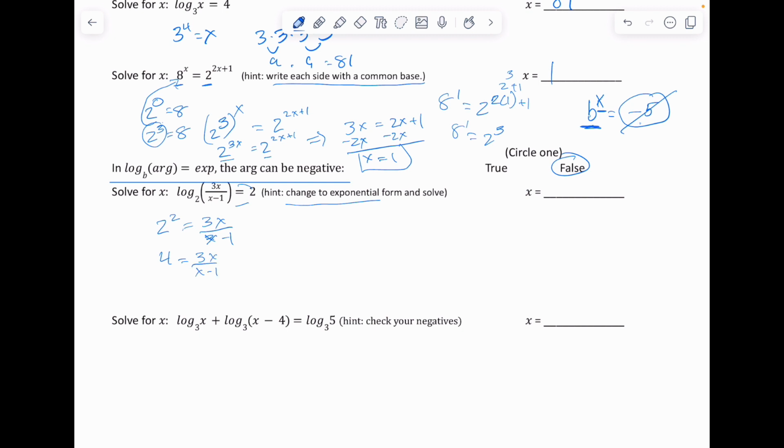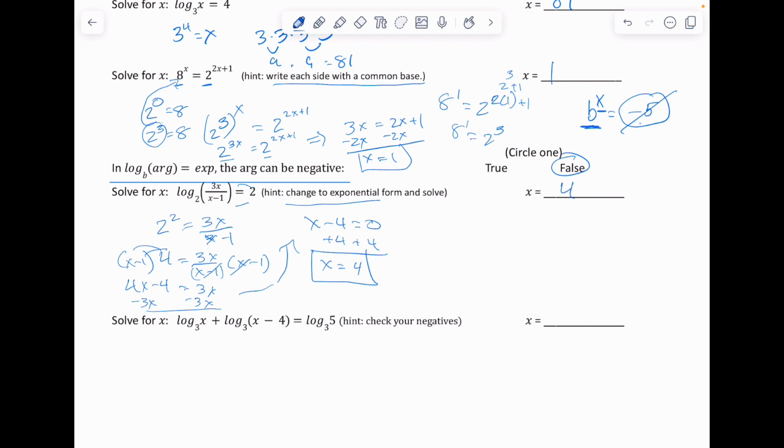I don't like fractions, so let's get rid of our fractions by multiplying by x minus 1 on both sides. These cancel, this distributes, so 4x minus 4 equals 3x. Minus 3x, minus 3x. Moving over here, that gives me x minus 4 equals 0. Plus 4, plus 4 on both sides, x equals 4.